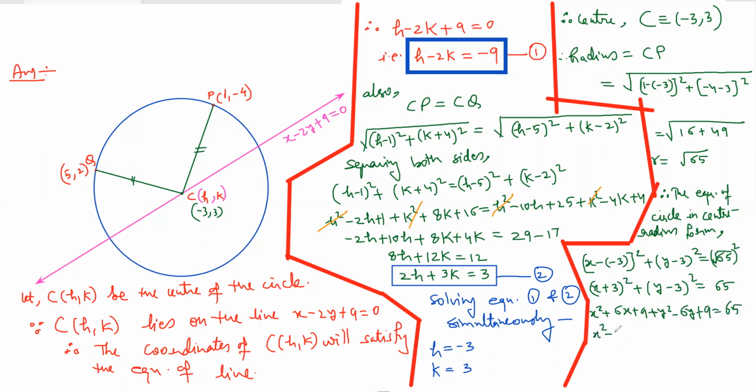So you got here x² + y² + 6x - 6y + 18 - 65, which is -47, equals 0. This is the equation of the circle. I hope you followed it.